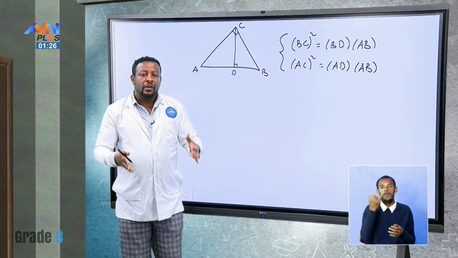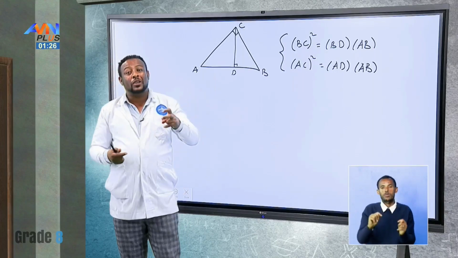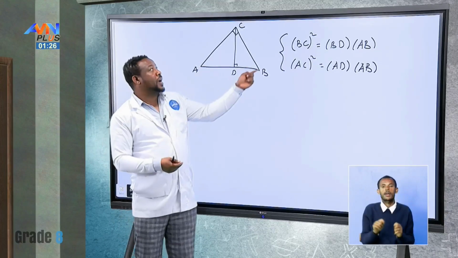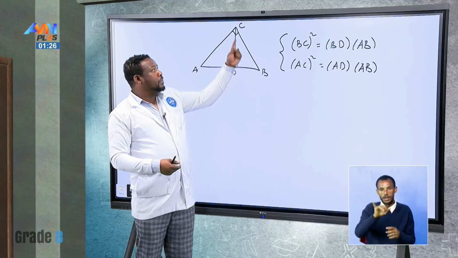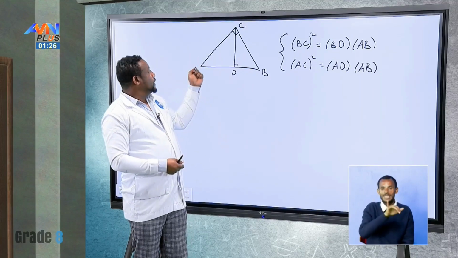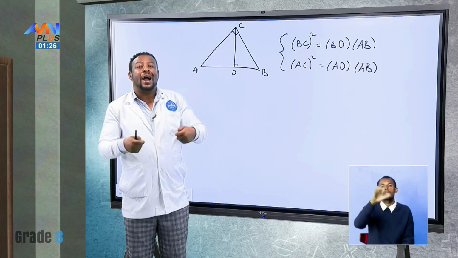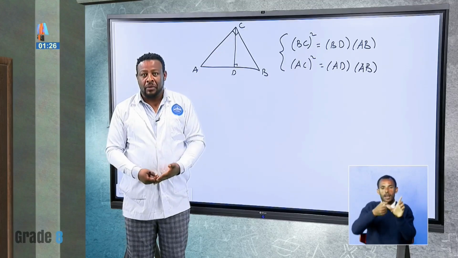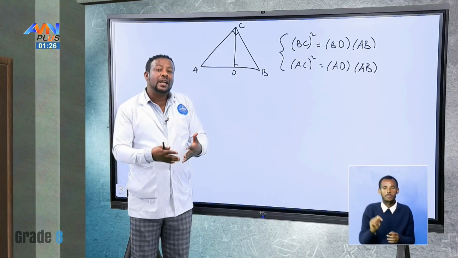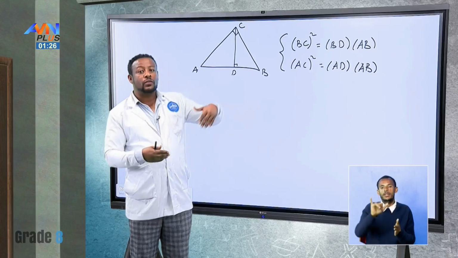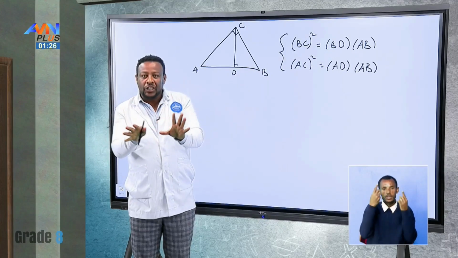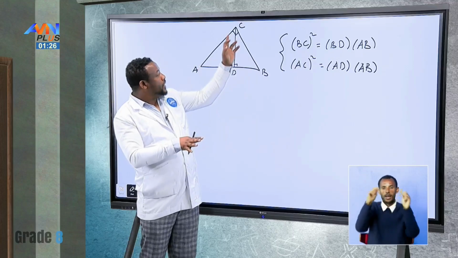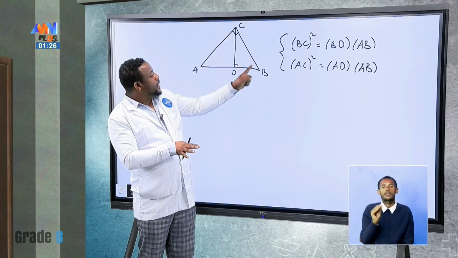If you remember, we just tried to pick out two similar triangles from this triangle ABC. One of the similar triangle is triangle ABC is similar to triangle ACD by angle similarity theorem. And that similarity will help us to derive one of the formula. Again, you can consider another situation like triangle ABC and CBD.